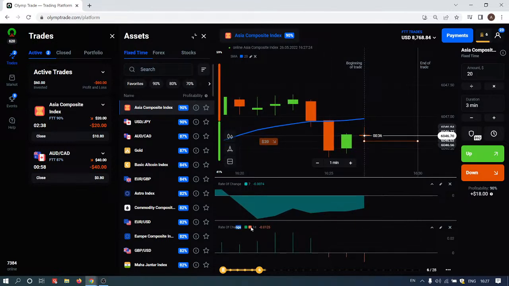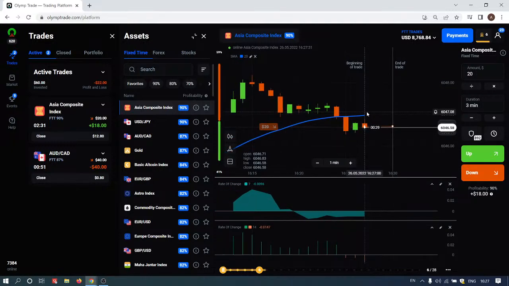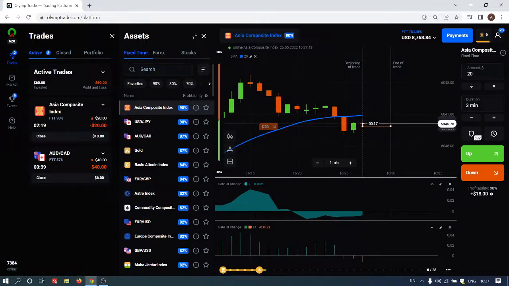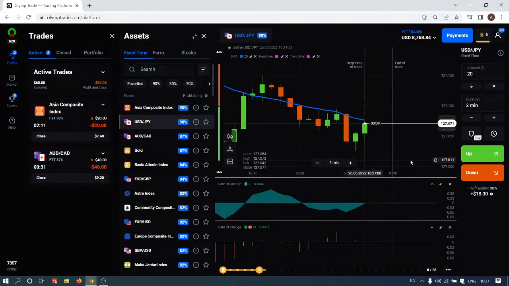Last but not least, we have the 14 rate of change, which is also under the middle line, and that's the final confirmation in this strategy, in this signal. So we get the first layer of confirmation, the second layer, and the third layer. So that's a signal.